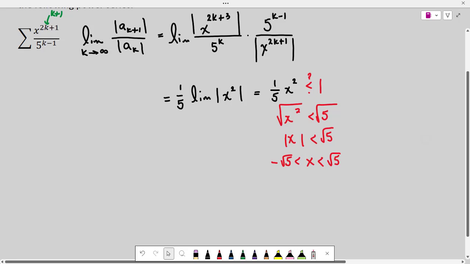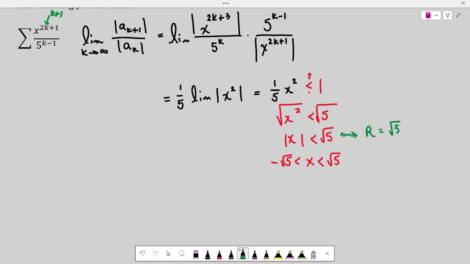As soon as we have the x isolated on the left, whatever's on the right is going to be the radius of convergence. You can look down here. The interval is going to go from minus root 5 to root 5. Half of that is root 5. So there's our radius.